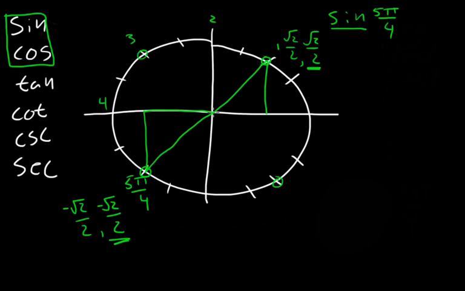And if we wanted the sine value of pi over 6, these coordinates here, the x value is root 3 over 2, and the y value is just 1/2. So the sine of pi over 6 is just 1/2. It's that simple.